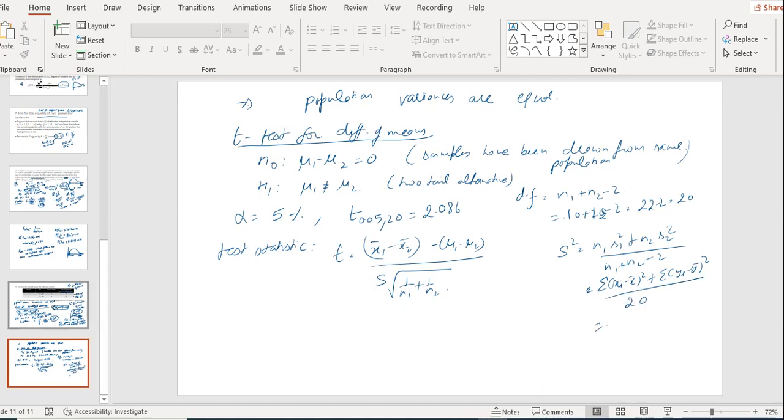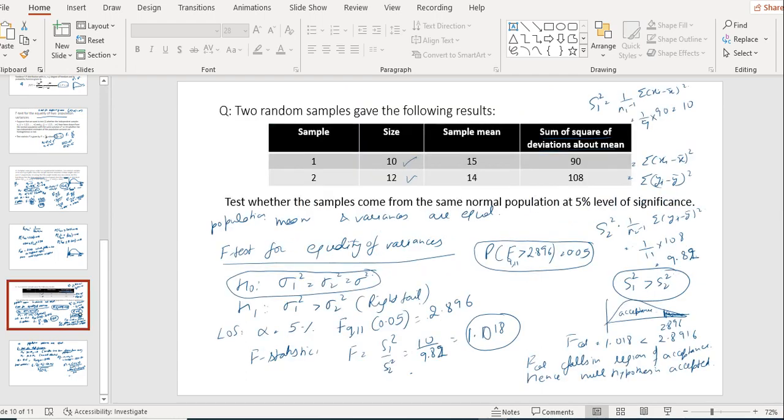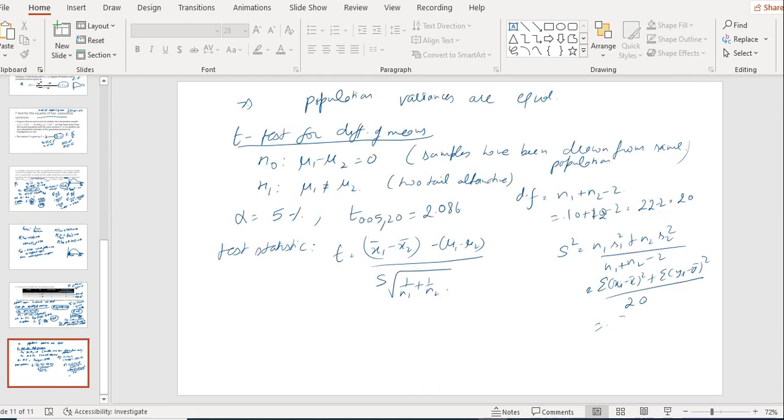Because we are already given the sum of squares of deviations about the mean, 90 plus 108 divided by 20, so 198 by 20, it is 9.9. So this is the value of S square.